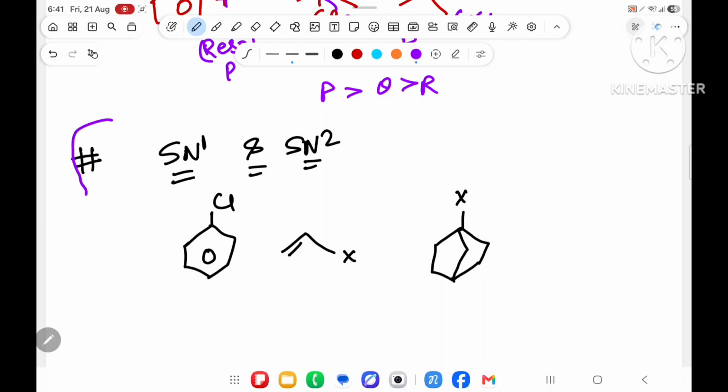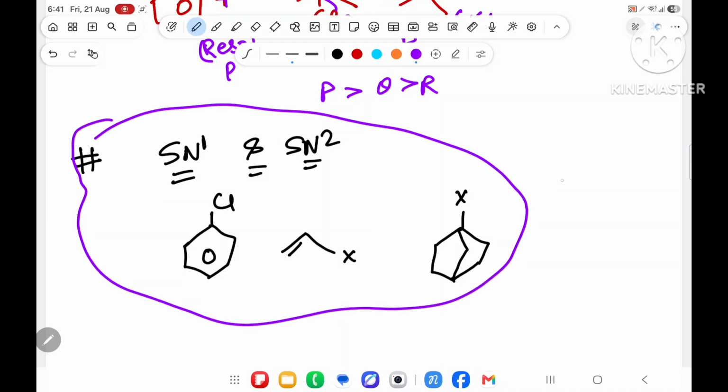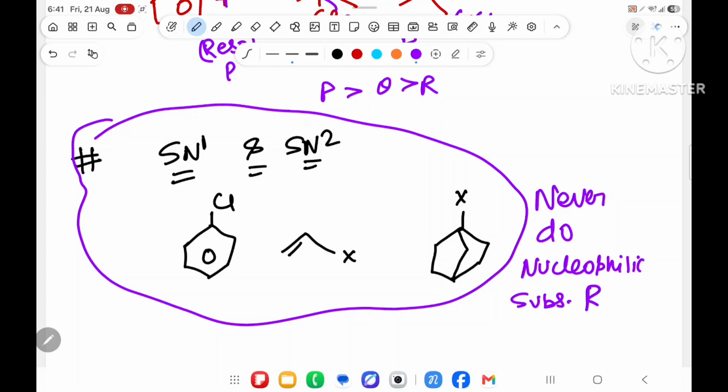What will you say? That these types of compound never ever do nucleophilic substitution reaction. Neither SN1 nor SN2.